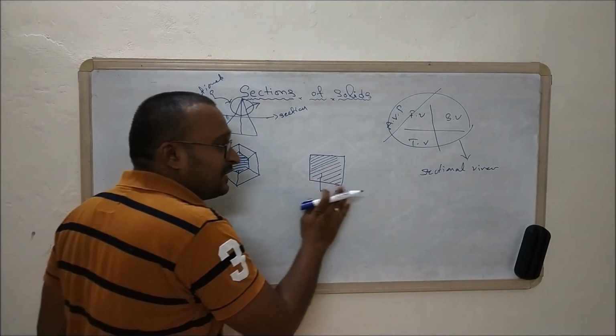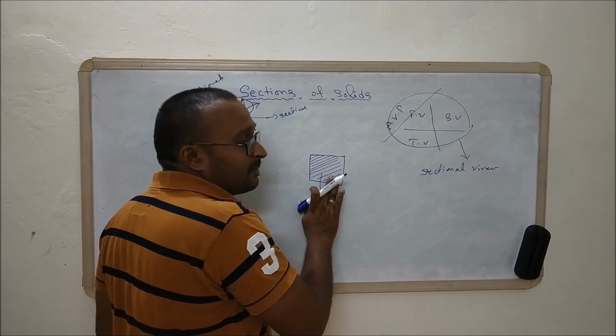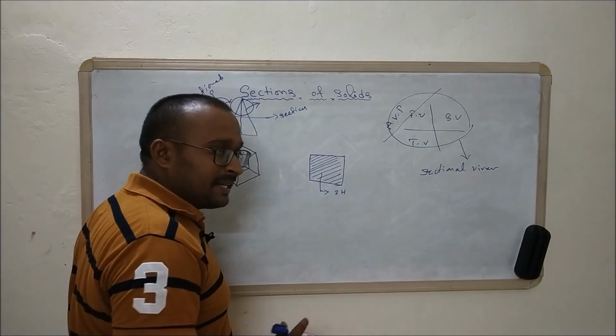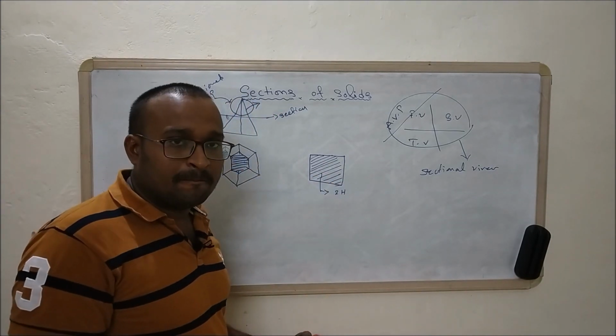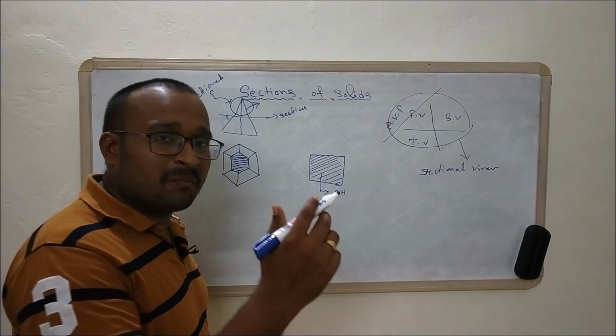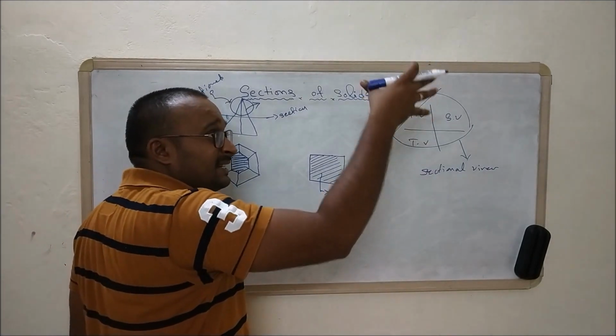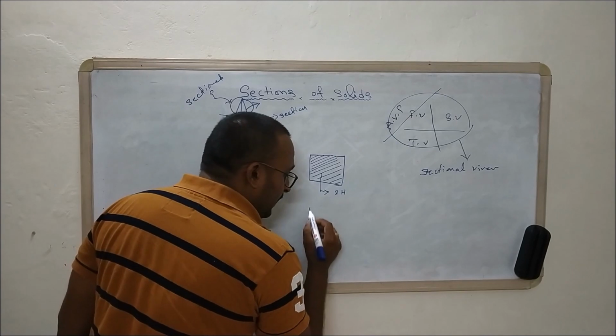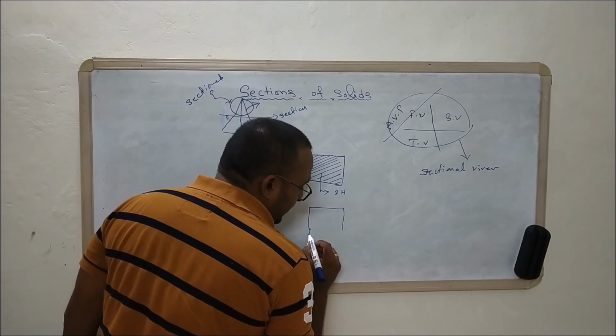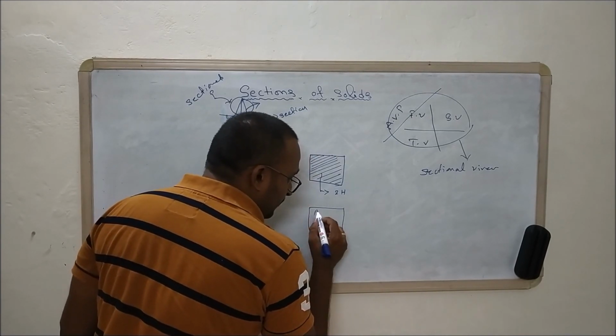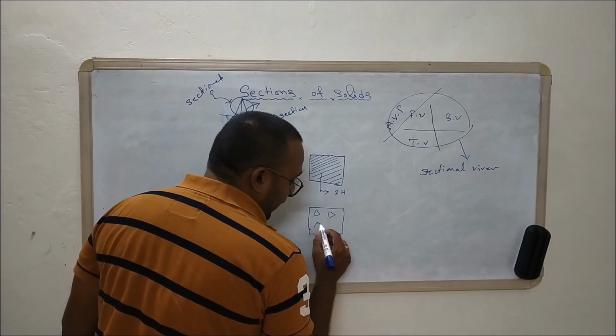The hatching may differ from material to material. Say, for example, if you cut a concrete beam, it must be shown in some other format.